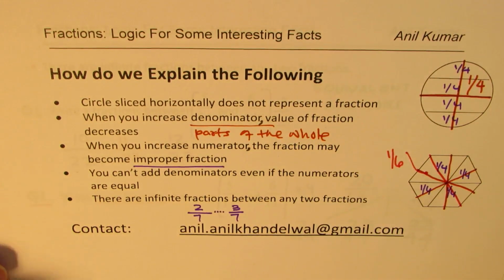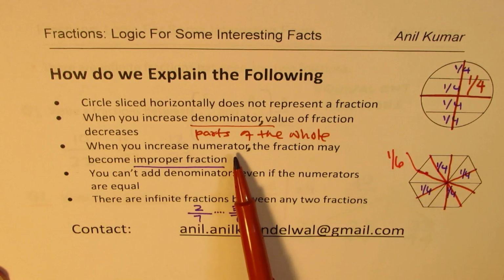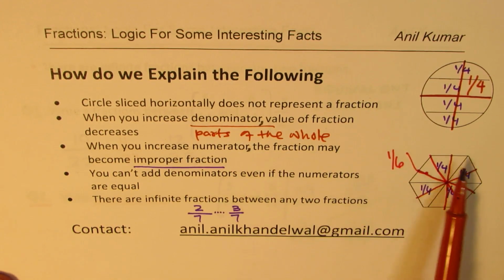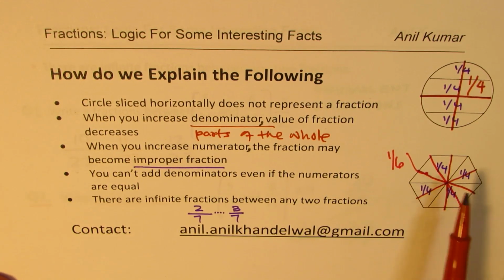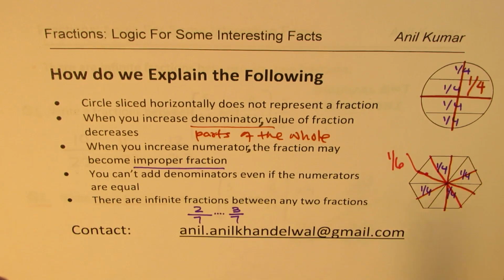So if you increase, then the fraction decreases. Now third question was, when you increase numerator, the fraction may become improper. We did see that in the case of hexagon, when we increased, it became 7 over 6, right? And we saw how to represent that.